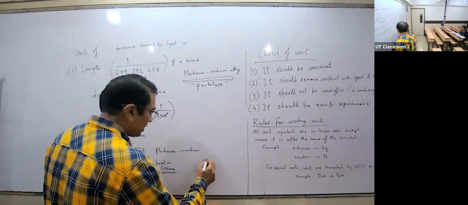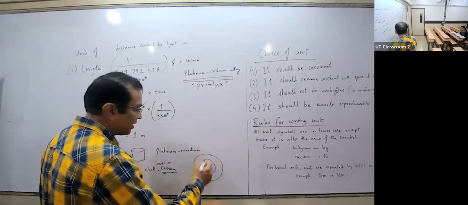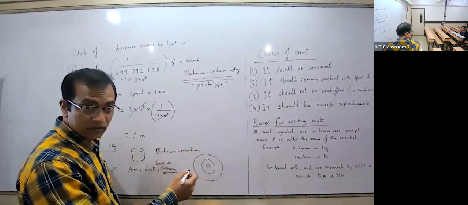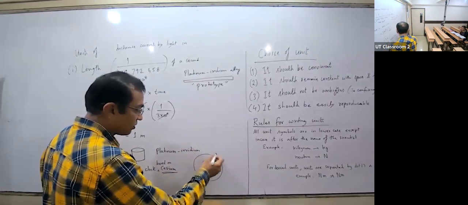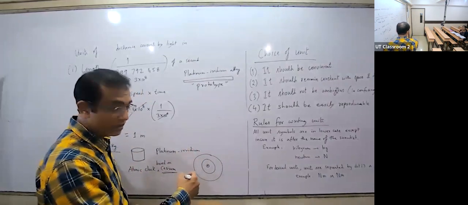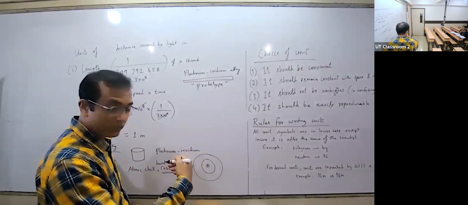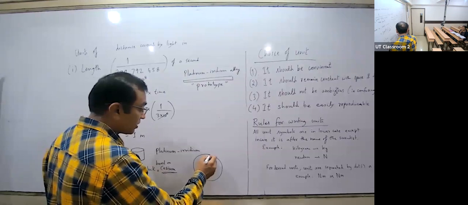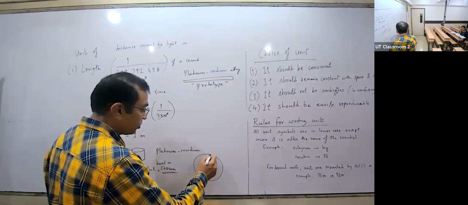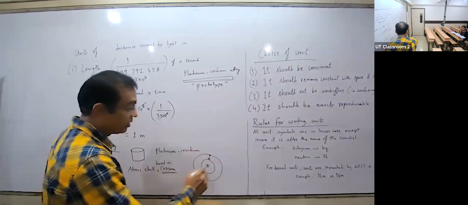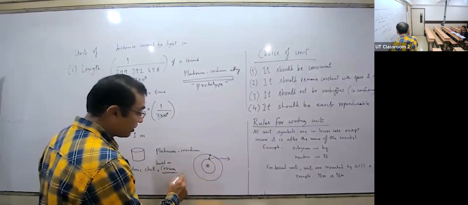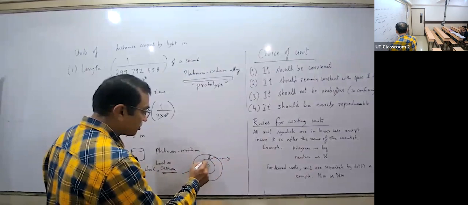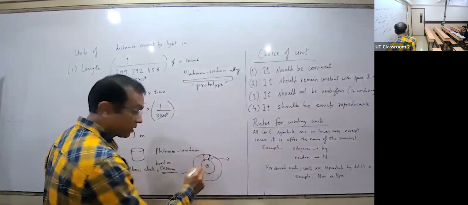In an atom, there are various energy levels. At the center you have the nucleus, surrounded by various shells in which the electron rotates. Whenever an electron jumps from a higher to a lower level, it radiates energy. Whenever it absorbs energy, the electron jumps from a lower level to a higher level.